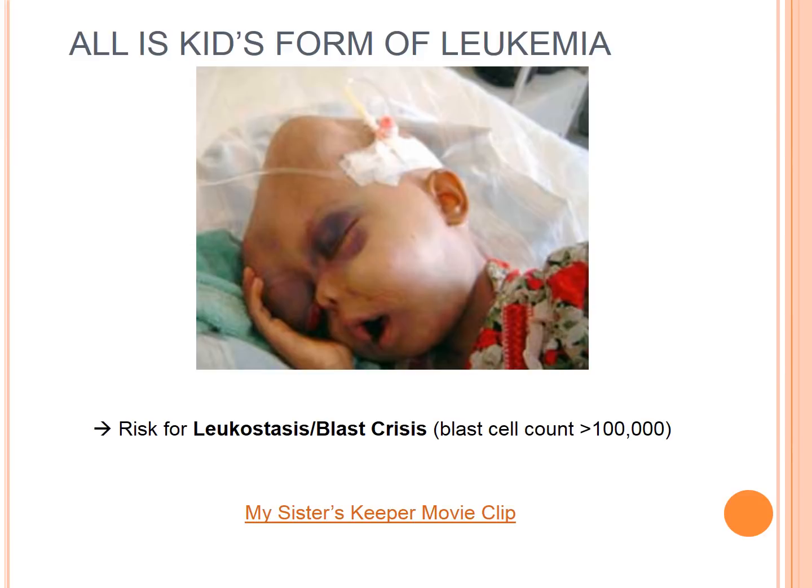If any of you have ever seen My Sister's Keeper, it's a movie about a child with ALL and what the family goes through, what the child goes through, and the parents ended up conceiving another child so that they would have a match in terms of the bone marrow and all the cells and tissues, so that they could help to treat their child with leukemia.